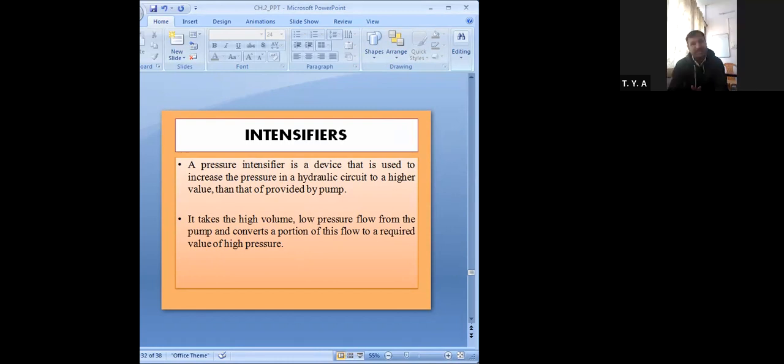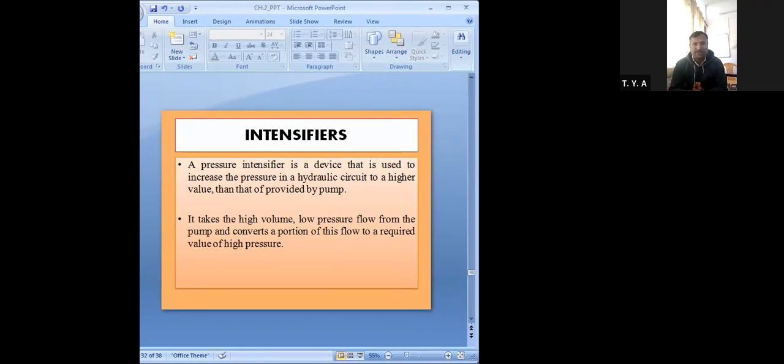So we'll start with the basic question: what is meant by a pressure intensifier, what is its purpose, or why use a pressure intensifier in the hydraulic circuit. Its answer we'll discuss here.